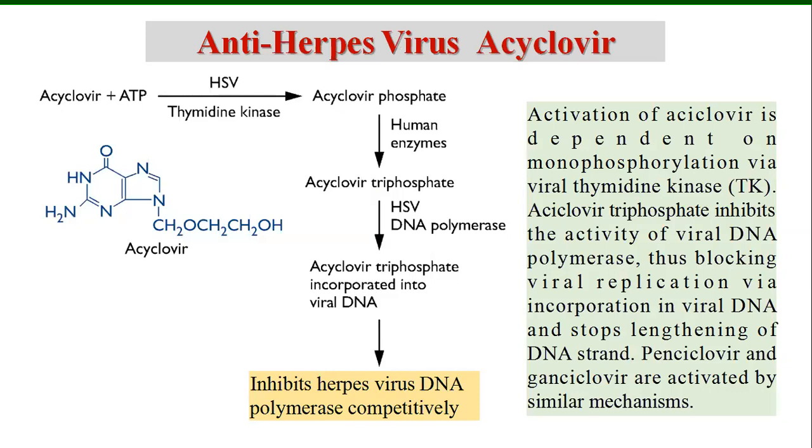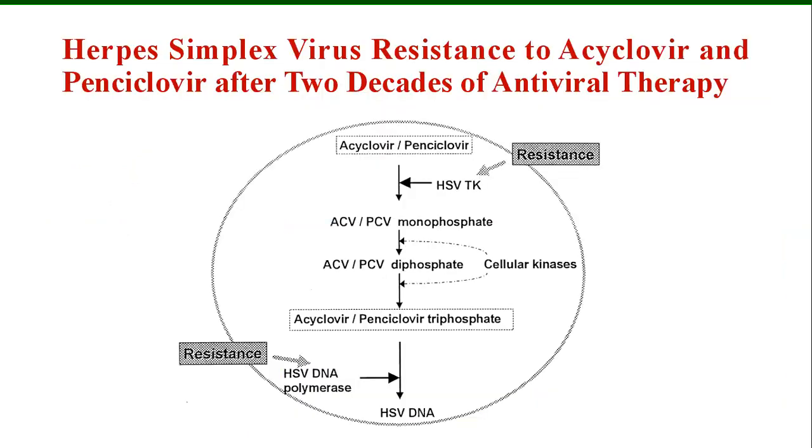Then utilizing human enzymes, it converts into the respective triphosphate, and the triphosphate interacts with HSV DNA polymerase and inhibits herpes virus DNA polymerase competitively. Penciclovir and ganciclovir are similar types of drugs. They are also active by the same mechanism, and can also be used for the treatment of HSV.